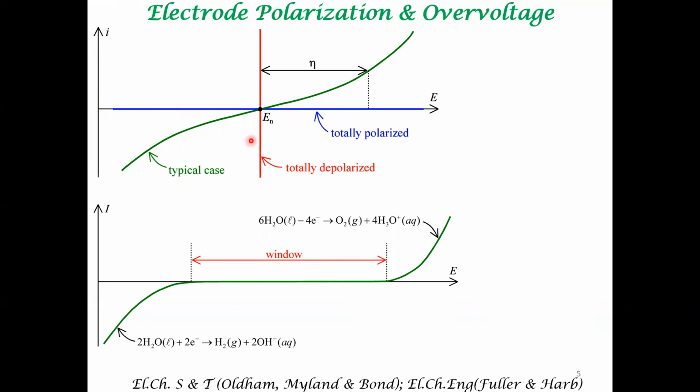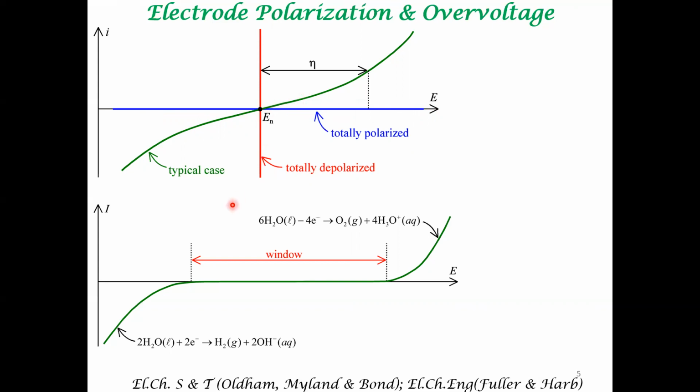So the direction of current in this regime is opposite to the current in this regime. We typically say the electrode is polarized in the anodic direction in this regime, and it is polarized in the cathodic direction in this regime, because the direction of current also changes.